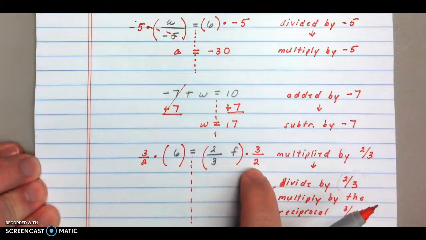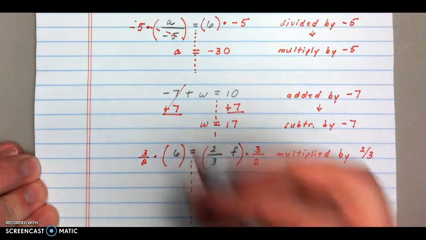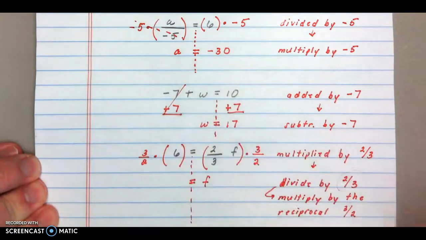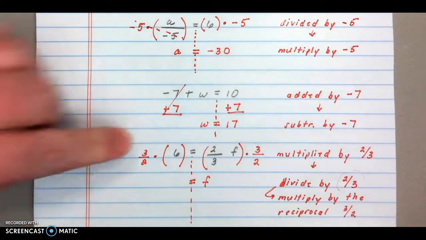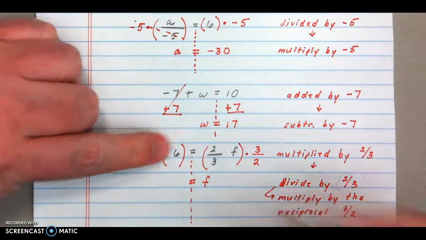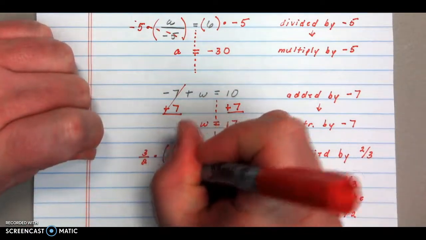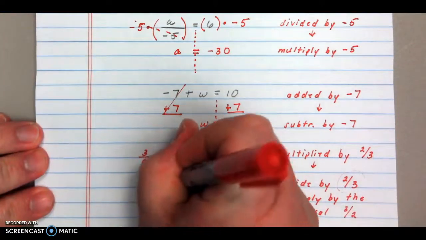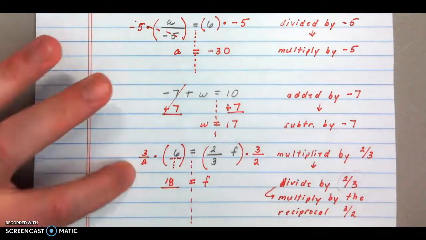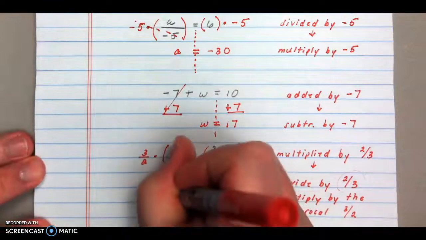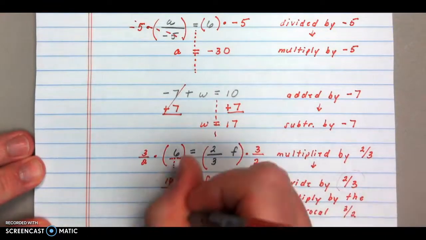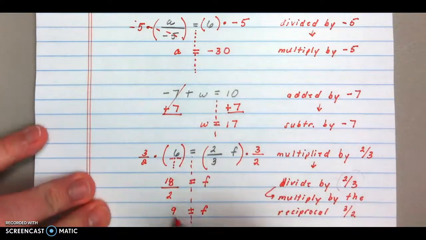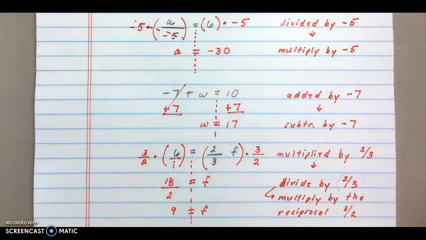So we'd really have 6/6, which is 1. So that's how we get 1f, or just f. And over here, we can think of the 6 as being over an invisible 1. So 3 times 6 is 18. 2 times 1 is 2, and 18 divided by 2 is 9. So 9 is equal to f. And that's our final answer.